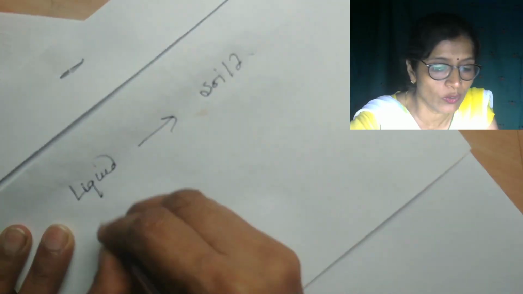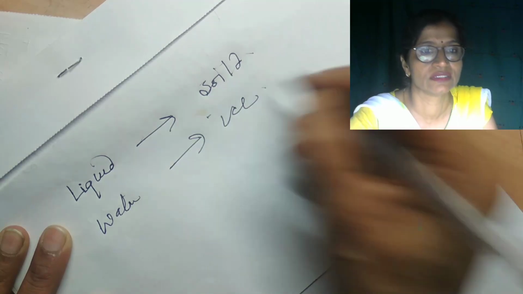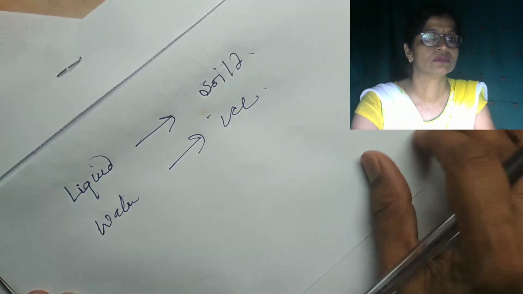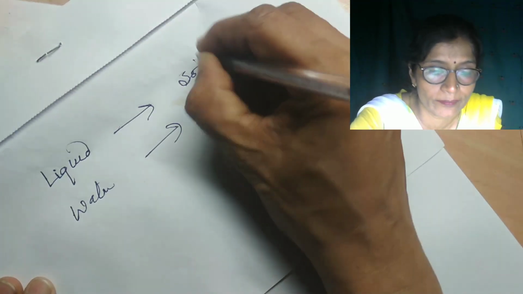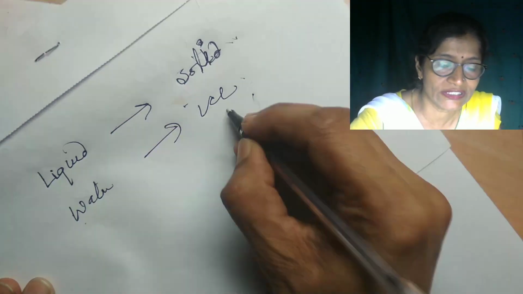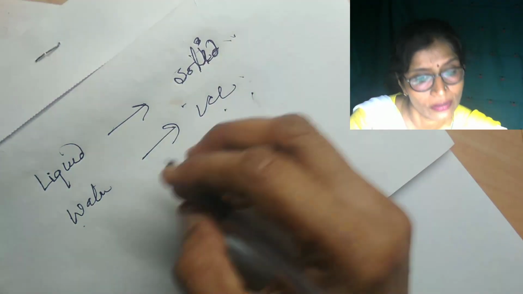For example, water is there and it is converted into ice, and that one is known as what? That is known as melting. Sorry, solidification or fusion.